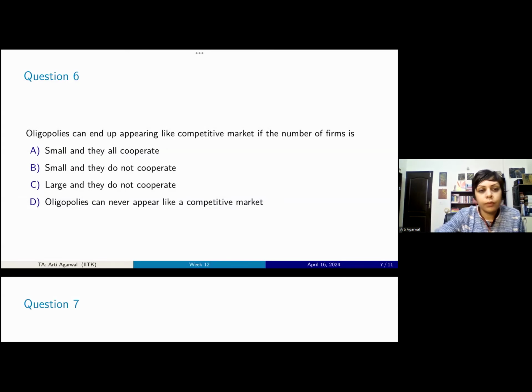If the firms collude or start cooperating, then you get a completely different solution. But if there is a large number of firms, I'm not saying large firms, I'm saying a large number of firms, which means there are many firms, then you can get results which are very similar to a competitive market.